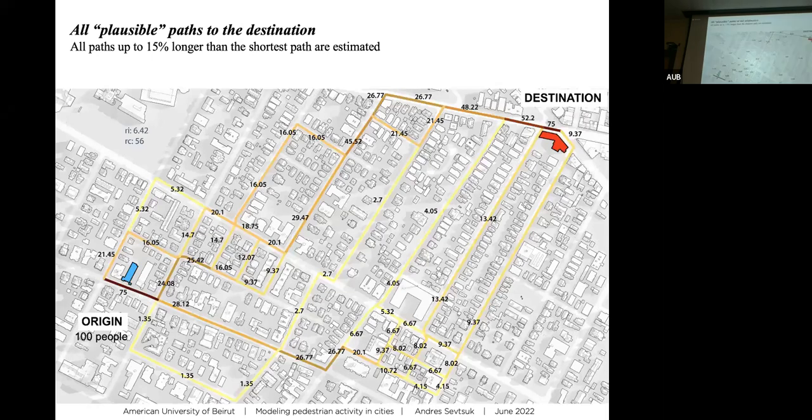Second, we don't assume that they take the shortest path. We find in the software all available paths that are up to X% longer than the shortest path. And to route trips, we basically split the trips up with equal probability on all the routes. Now, this can be further adjusted to account for the route qualities.